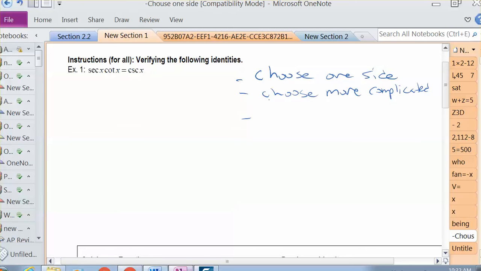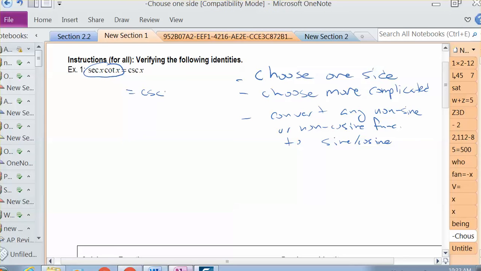And usually you want to convert any non-sine or non-cosine function to sine or cosine. For example, the left side looks a little more complex than the right side, so I'm going to choose to work on the left side. So we'll keep the right side intact.